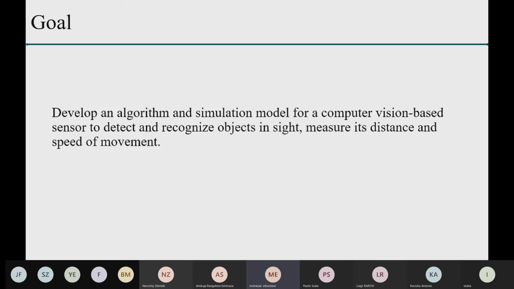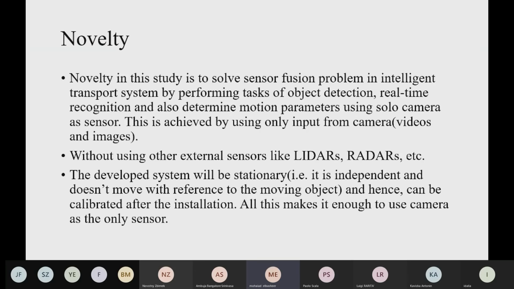And our goal of this work was to develop an algorithm and simulation model for the computer vision based sensor to detect and recognize objects in sight, and measure their distance and speed of movement. The novelty in this work was to solve the perception problem and to evaluate the workability of the system, the simulated sensor.